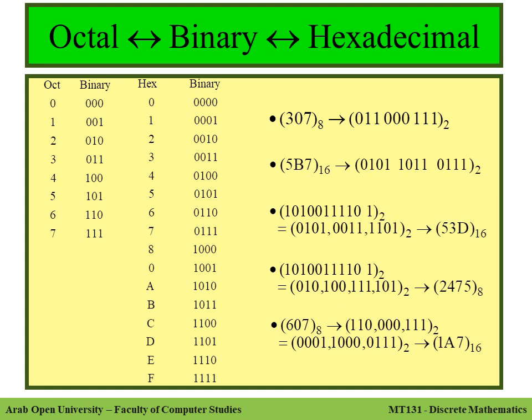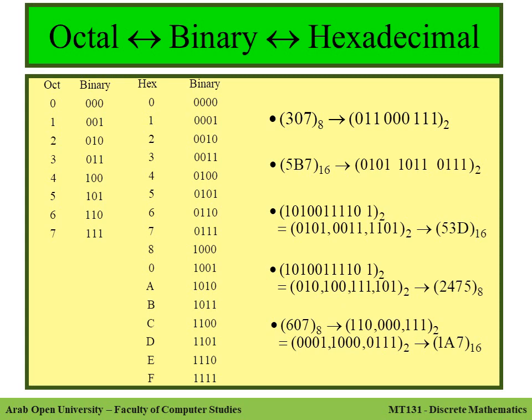So we do the same thing to convert from base 16 to base 2, which is to replace each digit in base 16 by the 4 digits that are equivalent to it in base 2. For example, 7 is equivalent to 0111. So 7 is replaced by those 4 digits, 0111.